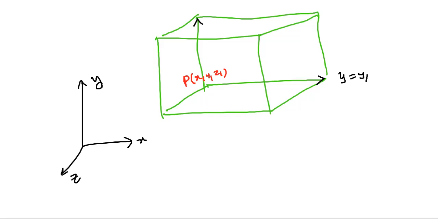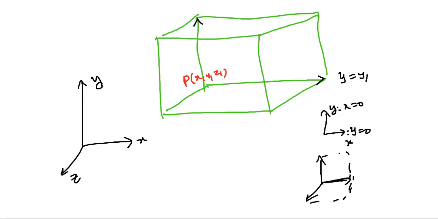When we write in 2D, the equation of x-axis is y equal to 0, and the equation of y-axis is x equal to 0. But in 3D, every line, this line for example, is the intersection of this plane as well as this plane. This plane is formed by xz equal to 0, this plane is formed by xy equal to 0.